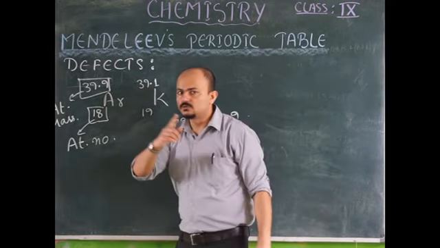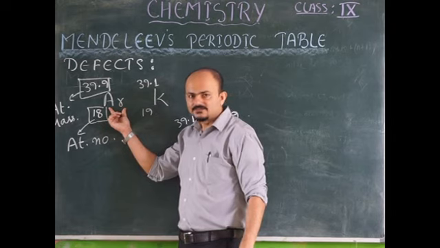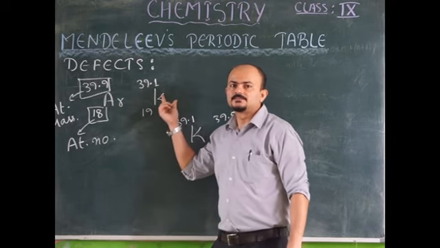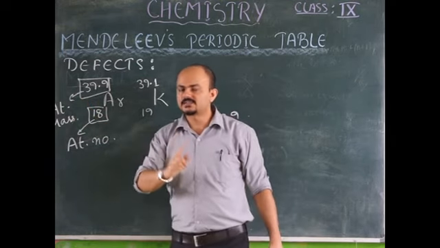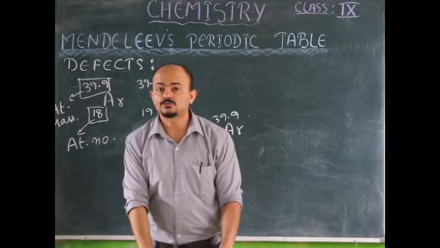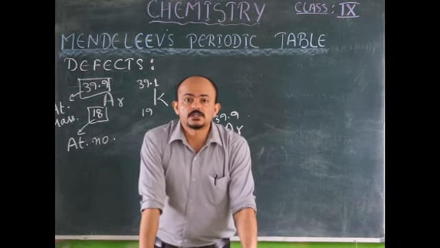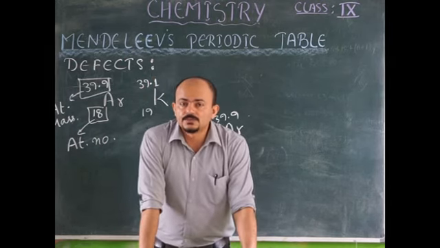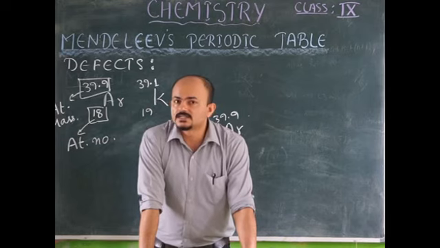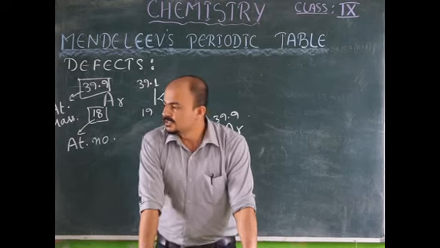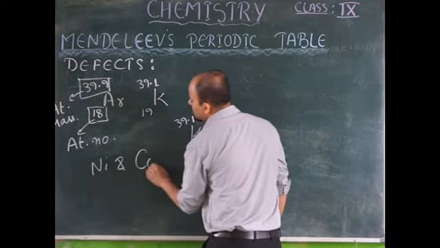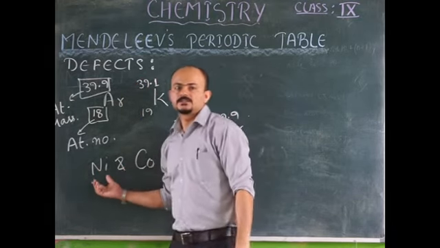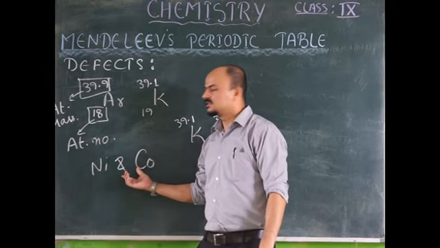In our modern periodic table you can see that argon comes first, then comes potassium. This was the defect. The defect was in considering atomic mass. I have been repeating this; you have to note it down. Atomic mass was the basis for the classification of these elements in the periodic table. Similarly, you have another example like nickel and copper, where the same difficulty was seen.